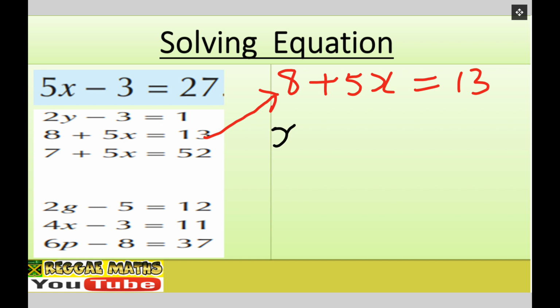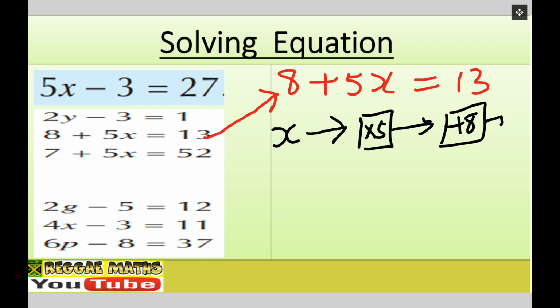We start off with x, then times by 5, add 8, and my answer is 13.